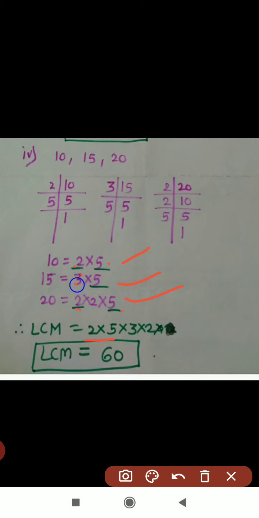After that, what remains here? 3 into 2. So what is the answer? 2 5s are 10, 10 3s are 30, 30 2s are 60. What is the LCM of that? The LCM of 10, 15 and 20 is 60.